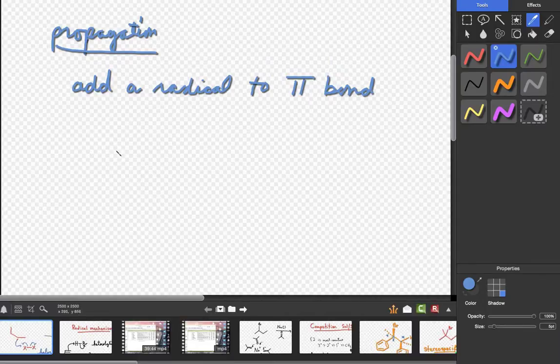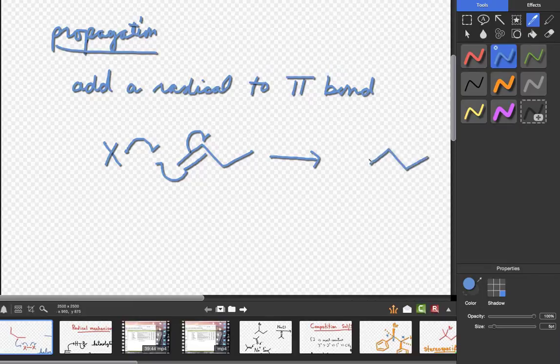So let's look at having a halide radical having a double bond, and this is a very regiospecific reaction because radicals follow essentially the same kind of energetic stability series that a carbocation does.